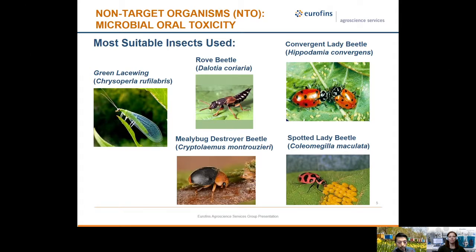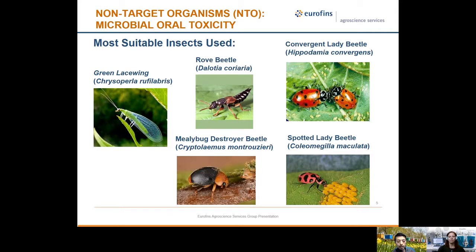In the middle, you see rove beetles and mealybug destroyer beetles, and these are also lab reared and available year round. The one caveat with the rove beetles, however, is that so far they tend to only give you a duration of about 6 to 8 days of test duration, whereas the other organisms may give you a much longer test duration.